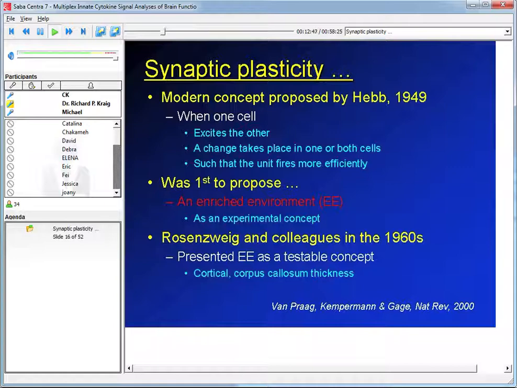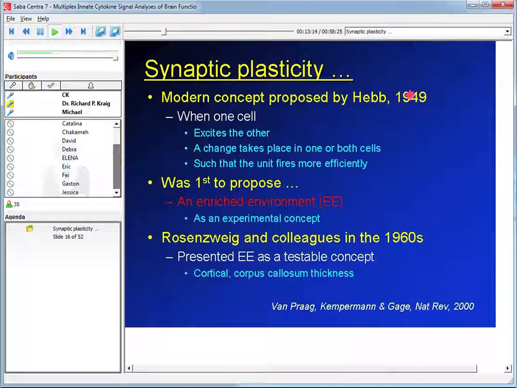This now, we're going to start moving to thinking per se. And we've copied many of the things from a really wonderful review in Nature Reviews from Fred Gage's laboratory by Van Praag, who said most of what I'm showing you on this slide. The modern concept of environmental enrichment that I'm going to present to you in a moment really came from Hebb in 1949.